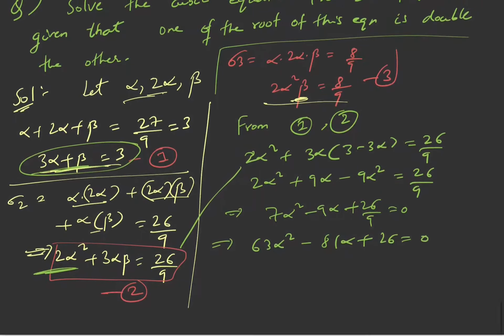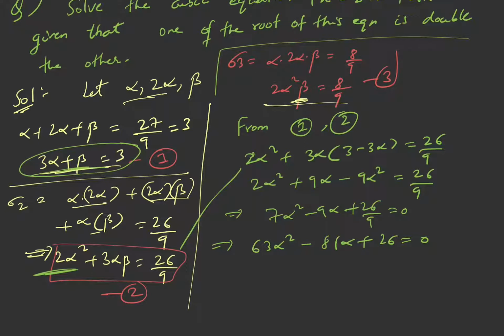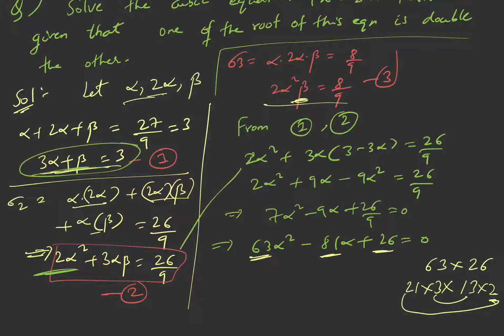So if you try to factorize this, you can actually factorize this. So this is 63 into 26, right? So 21 into 3 is 63 and 26 is 13 into 2. Fine. So we want 81. Yes, 21 2s are 42, 13 3s are 39, and 42 plus 39 is 81, right?